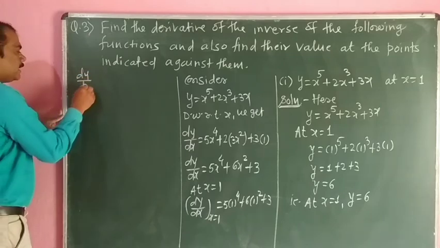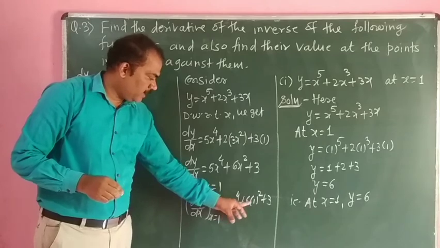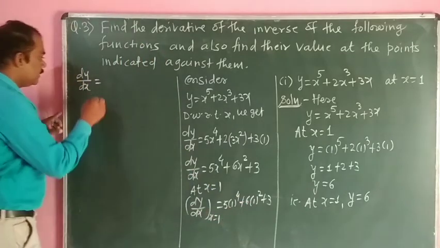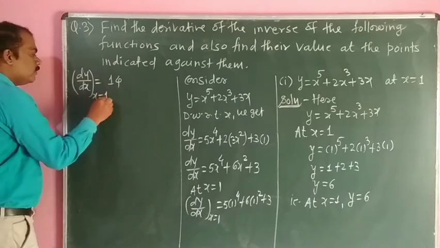Here 5 plus 6 is 11, 11 plus 3 is 14, that is 14. That is dy by dx at x is equal to 1.